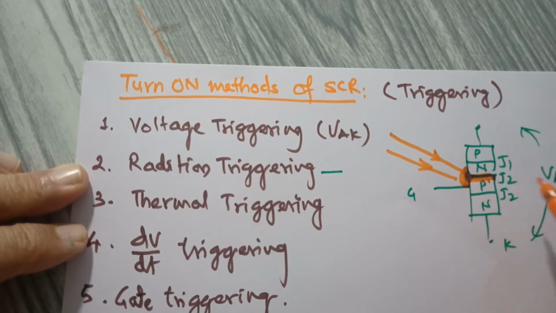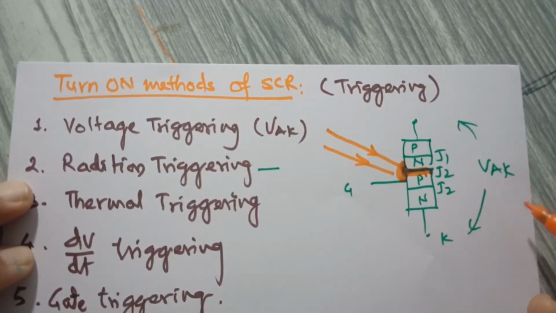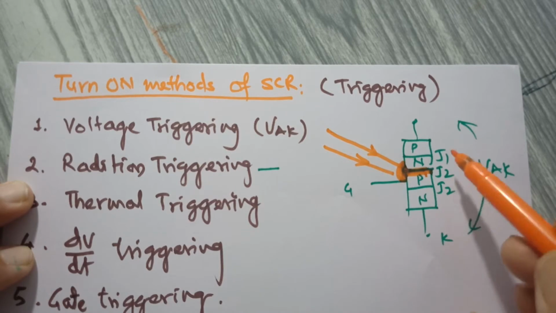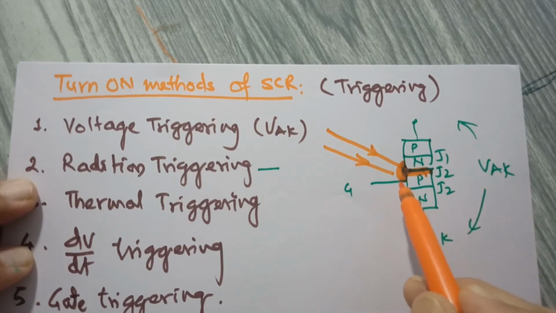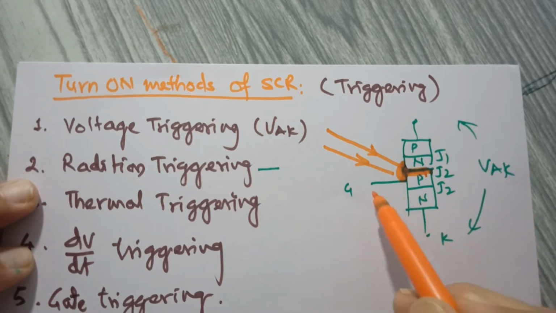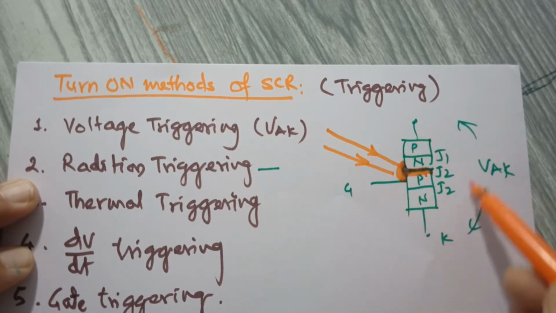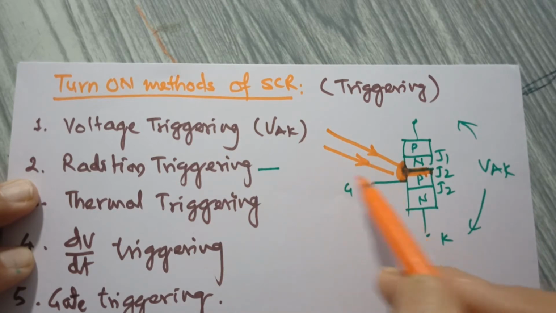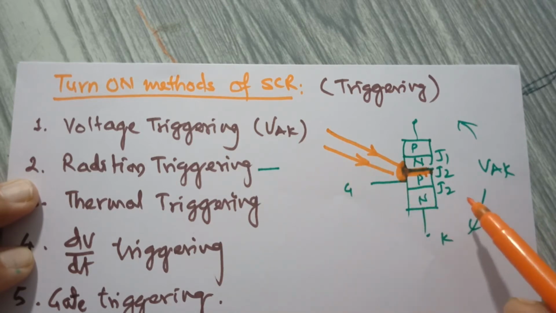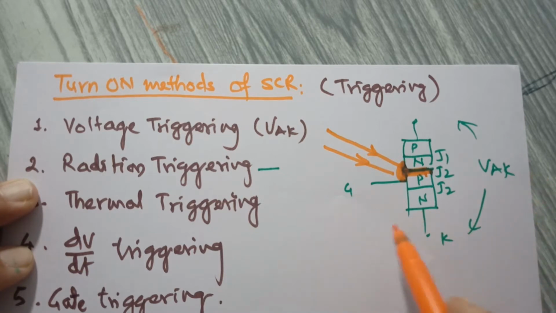These electrons and holes can flow under the influence of the anode and cathode voltage, and that may trigger this SCR. That's why it is called radiation triggering. In this case, the gate may not be connected anywhere, so just having some forward bias voltage, and if there is a flash of some light or neutrons, that can turn on the SCR. So it has applications, and we have a special device for this, the light activated silicon controlled rectifier. We shall see this later.